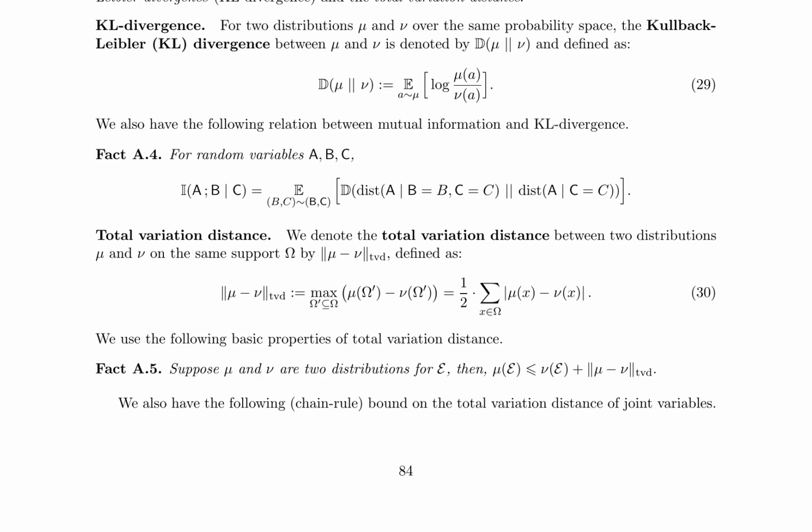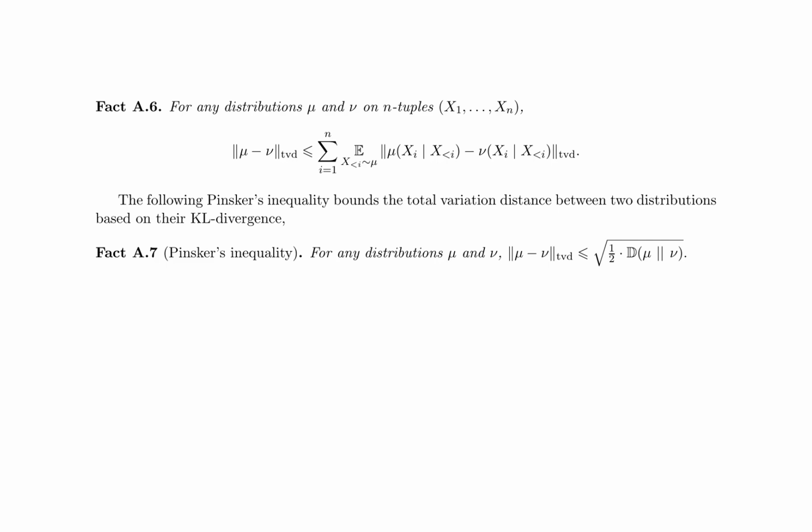Fact A.6 states that for any distributions mu and nu on n-tuples (x1, ..., xn), the total variation distance between these distributions is bounded by the sum of the total variation distances of their conditional distributions. This fact is crucial in understanding how the total variation distance behaves under conditioning.